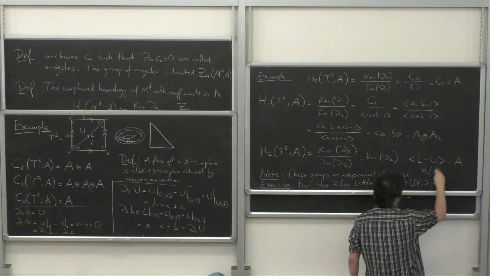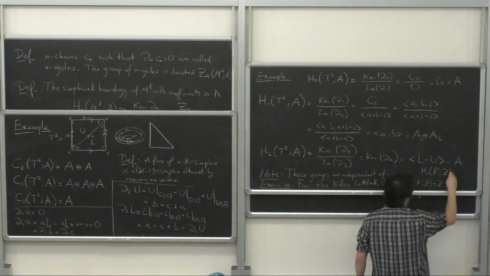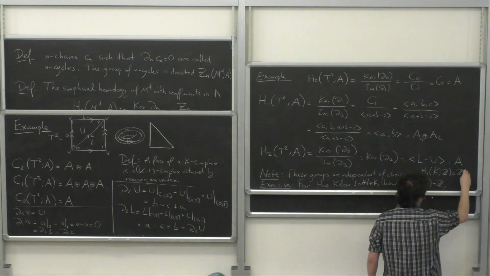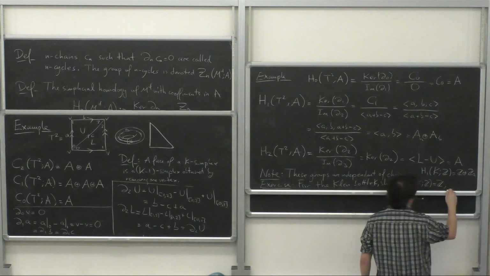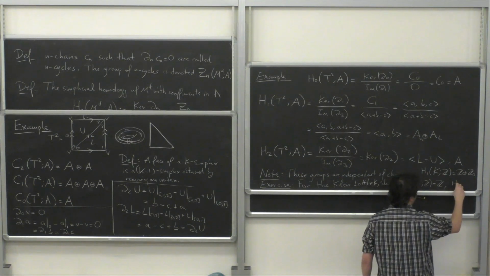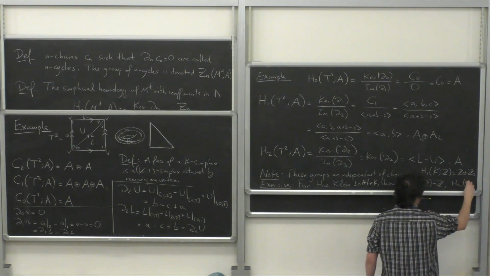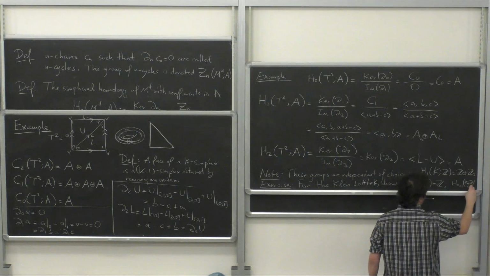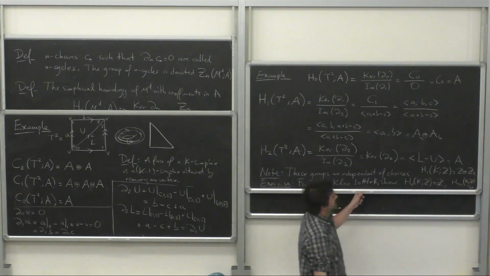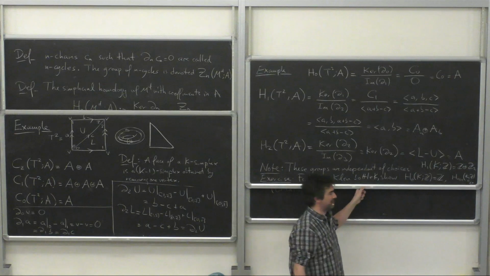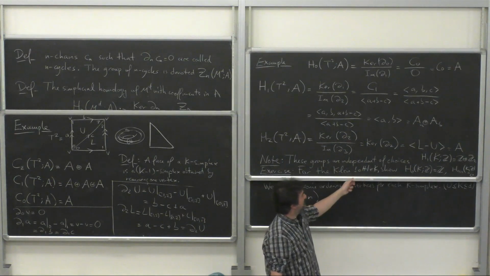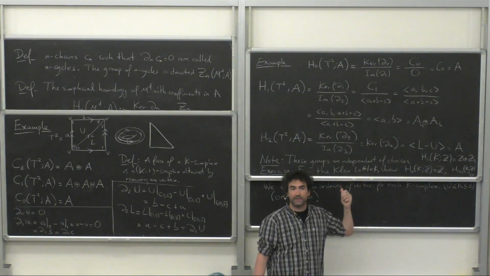H1 of the Klein bottle with coefficients in Z is Z plus Z2, and otherwise it vanishes. Hn for n bigger than 1 for the Klein bottle is 0. So I run out of space. Okay. Does everybody know what the Klein bottle is?